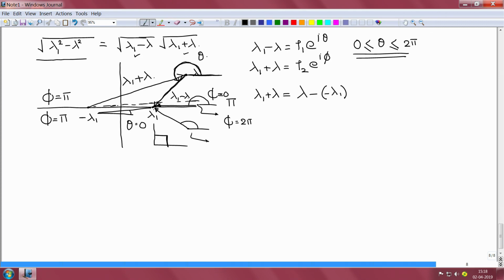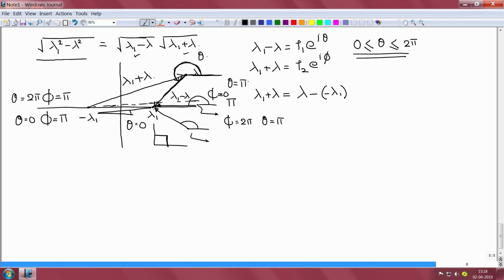With respect to theta, theta is equal to 0 over here and theta equal to pi over here. Theta is equal to pi over here and theta is equal to twice pi over here.